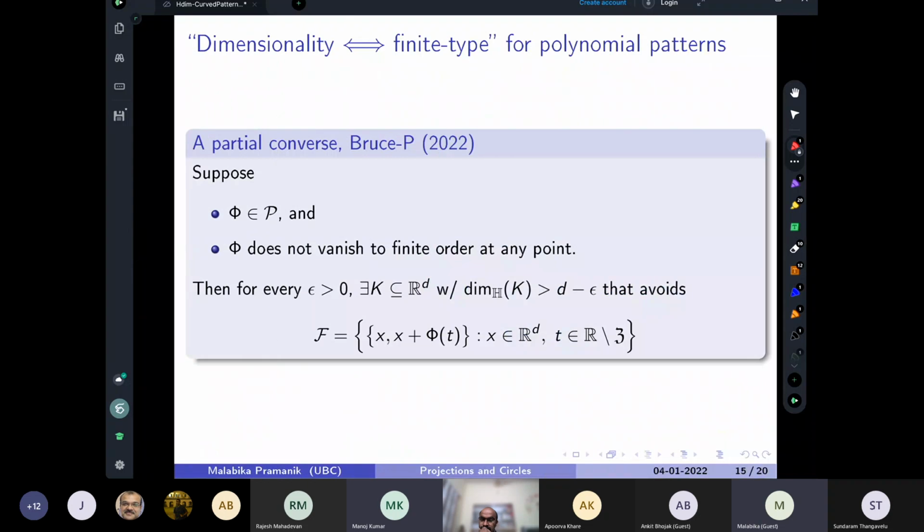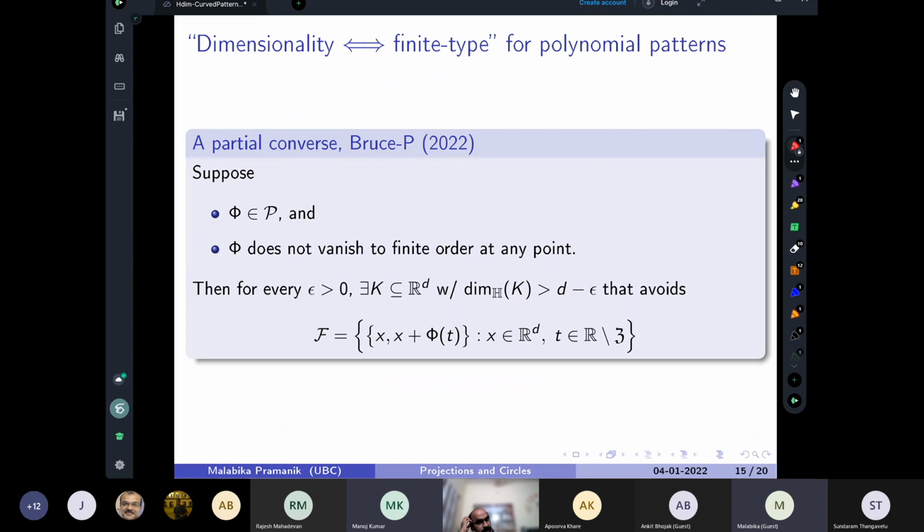All right, so within the polynomial class, we actually have a converse. The converse says that suppose phi is in the polynomial class and does not vanish to finite order at any point.